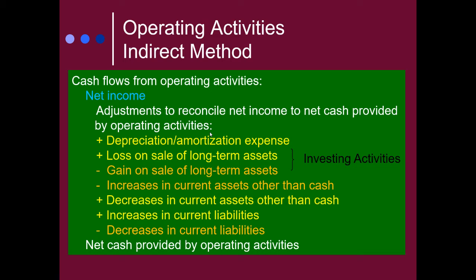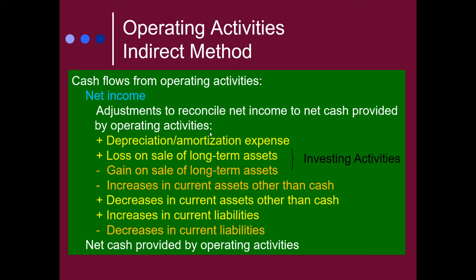They are recognized because of the retirement of usage for the assets. Because it does not involve any cash movement, you have to add back to adjust the net income.